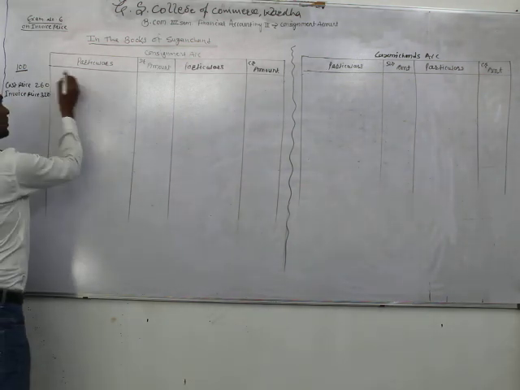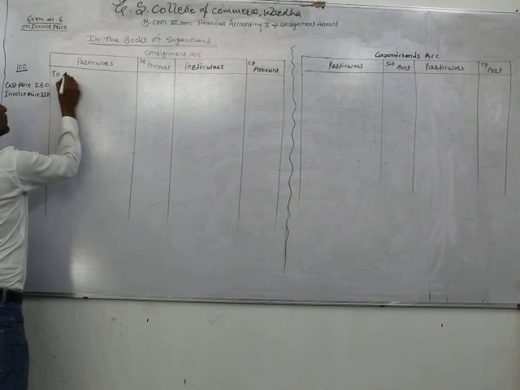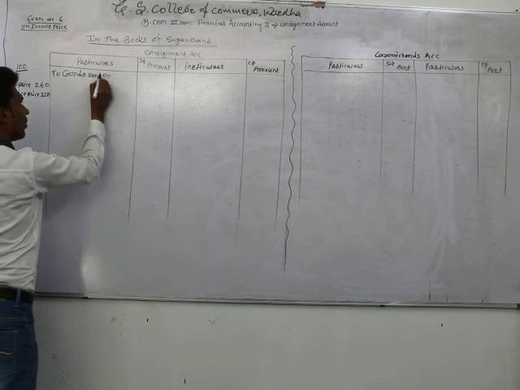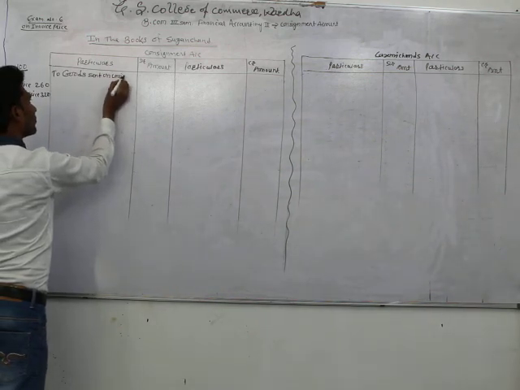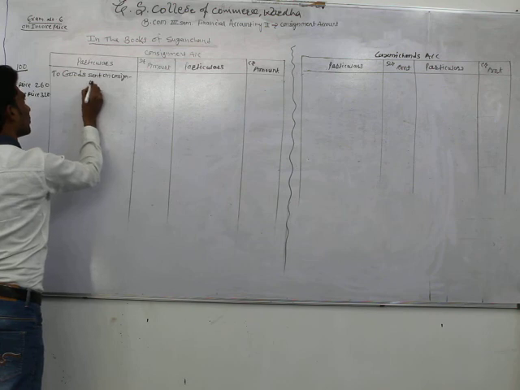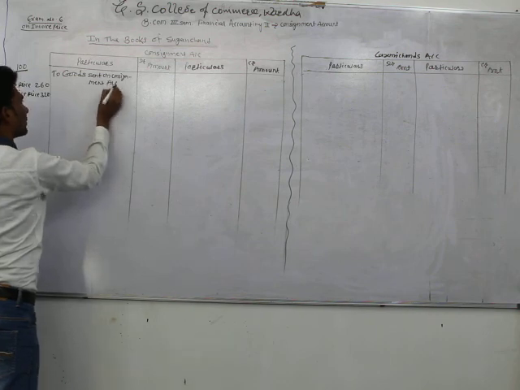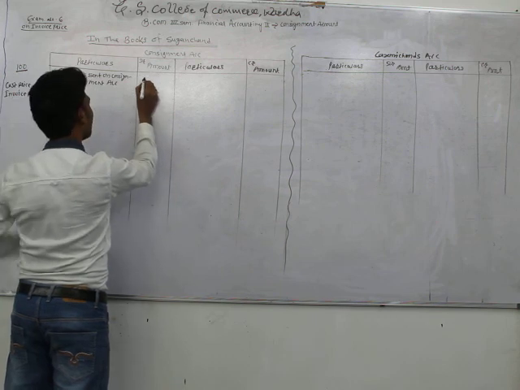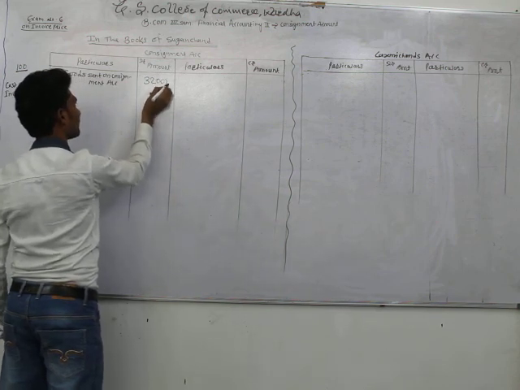So write at the debit side of consignment account, to goods sent on consignment account, rupees 100 multiplied by 320, which becomes rupees 32,000.